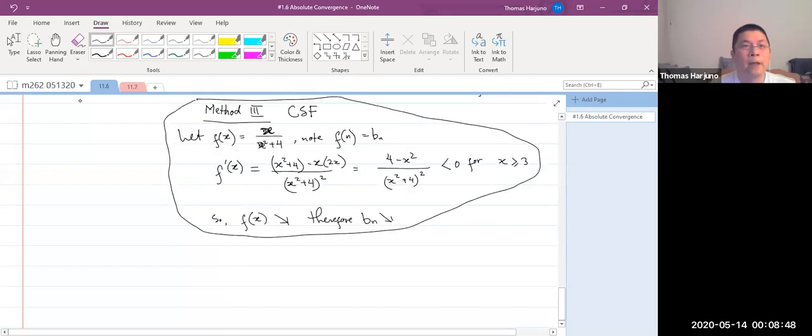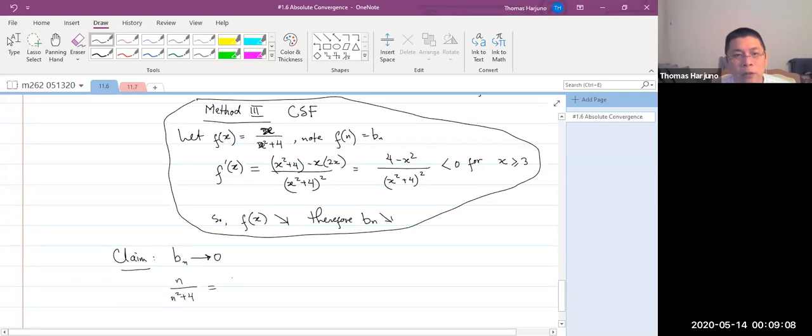Then I need to claim another thing. Claim that the Bn is convergent to 0. So n over n squared plus 4.